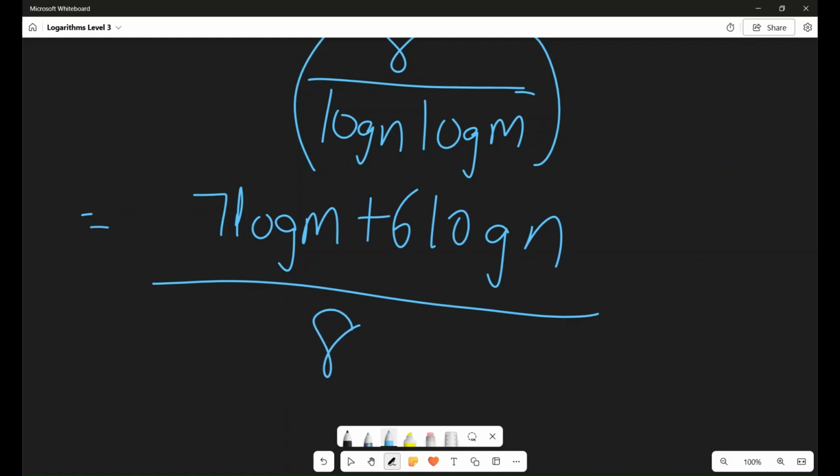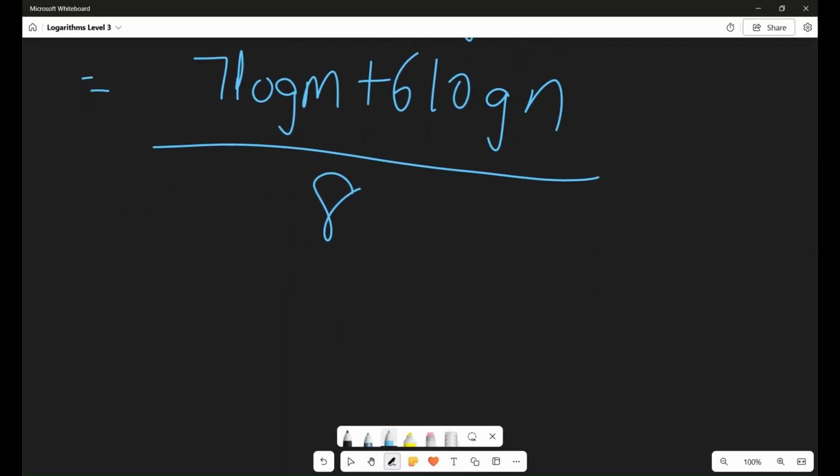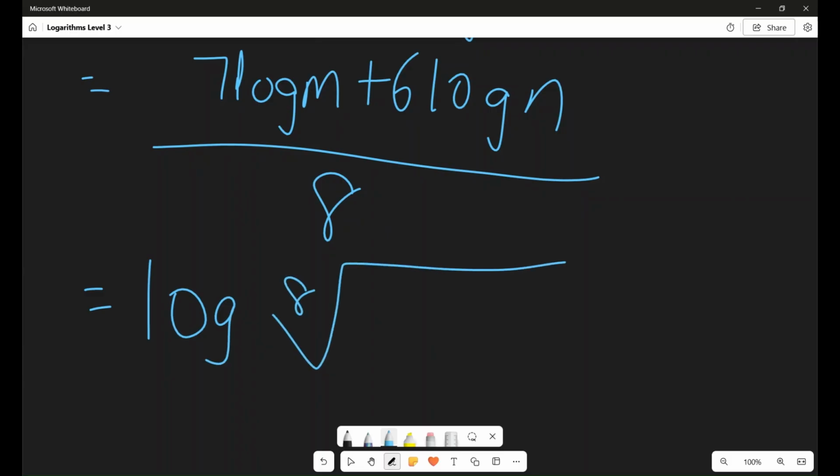And this still looks pretty messy, but we know how to condense logarithms. And since we know that, we can turn 7 log m into log m to the power of 7. And we can turn 6 log n into log n to the power of 6. So essentially, this all just comes down to log of the 8th root of m to the 7 n to the 6th.